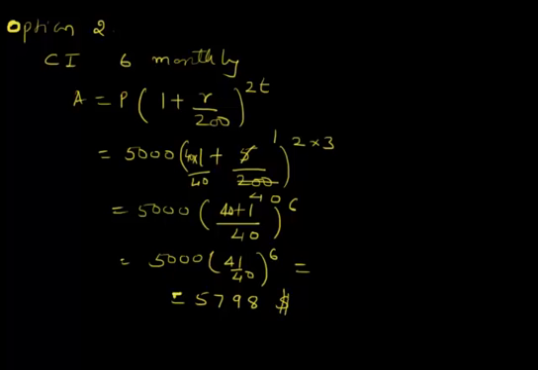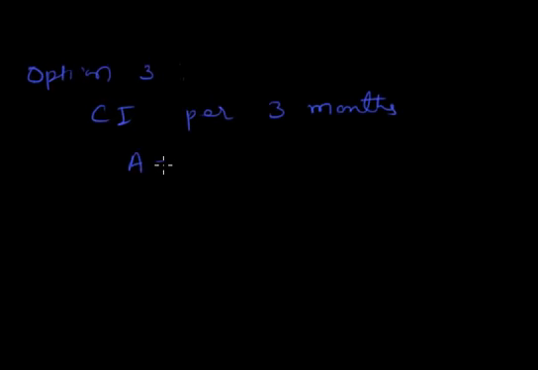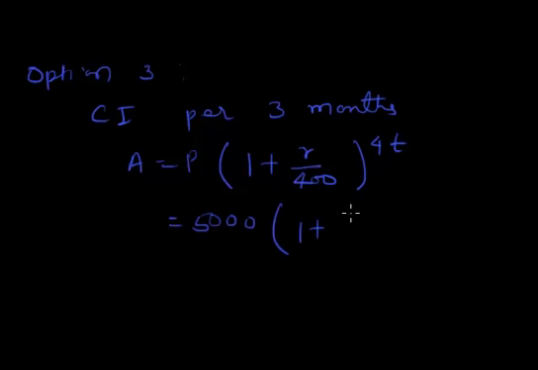Similarly, if I look at option 3, the compound interest is calculated per 3 monthly. So the amount is given by the formula P times 1 plus R over 100, but instead of 100 it will be 400, and the time is 4 times T. Principal is 5,000, 1 plus 5 over 400, raised to 4 times 3.